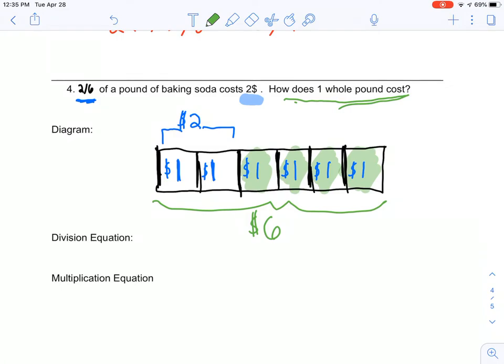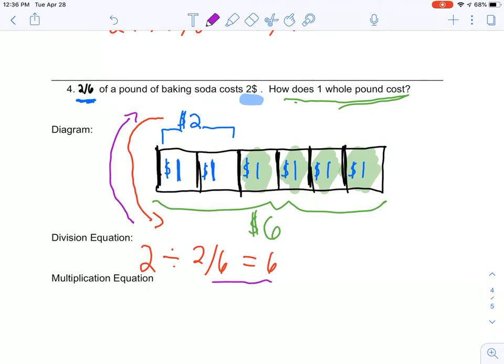Okay, so excellent. Our division equation, remember we must go from the top to the bottom. So 2 divided by 2 sixths equals 6, right? Or multiplication, we go the other way.